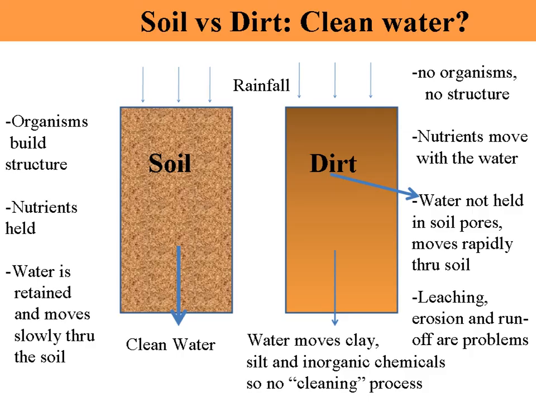So when we look at soil versus dirt, it's only soil if we have the organisms to build the structure. And that means rainfall, as it moves into that soil, is going to move through that soil at a reasonable rate. All of the nutrients are going to be held by the bacteria and fungi.